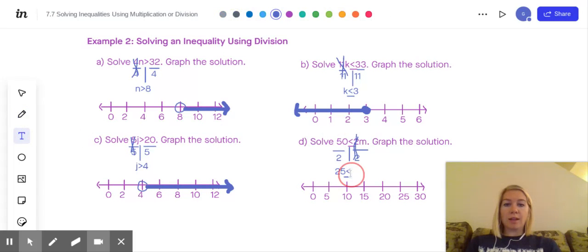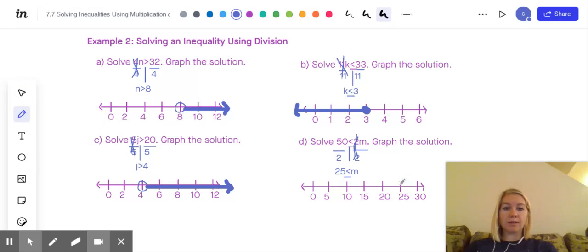So we just have m on the right side. Okay, when we graph this, we are going to use a closed circle because 25 is a solution because our inequality is less than or equal to. And then m needs to be greater than 25. Just like that. And we're done.